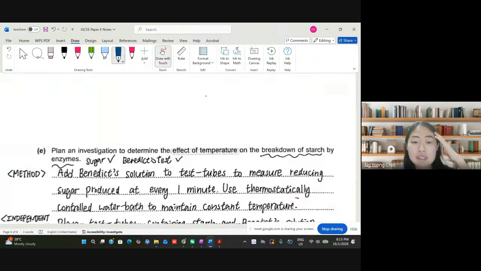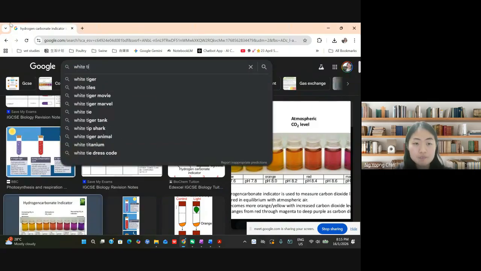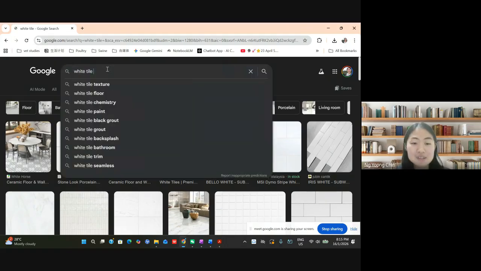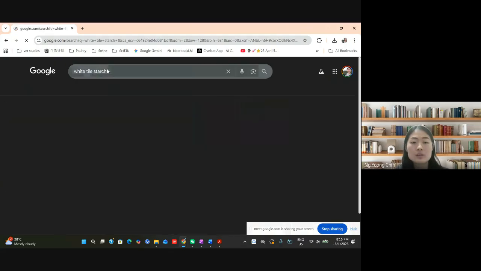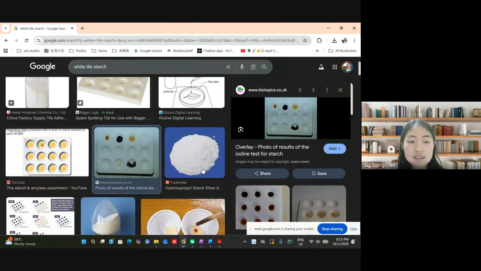So just imagine this way. Sometimes they will prepare a white towel like this, if they want to do the iodine test for starch. Sorry, it's not this one. This one is the starch solution. See, this is how they do it.